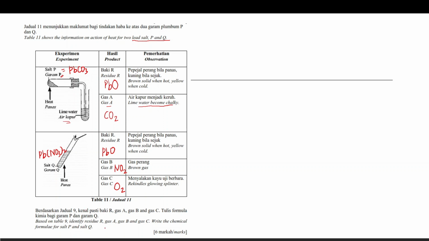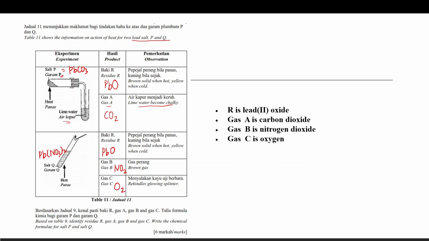So identify the residue R. Residue R will be lead(II) oxide, right? Gas A is carbon dioxide. Gas B is nitrogen dioxide. Gas C will be oxygen gas.